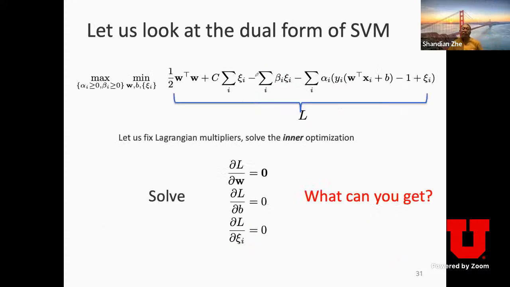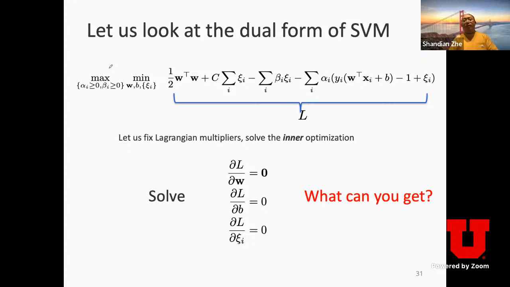Okay, so now let us look at the dual form of SVM and see how we can simplify this problem. We have already known that doing max min is equivalent to solving the original SVM, right? But we don't really want to do max min optimization, this two-level optimization problem. We want to simplify it. How do we simplify it? We can do it step by step.